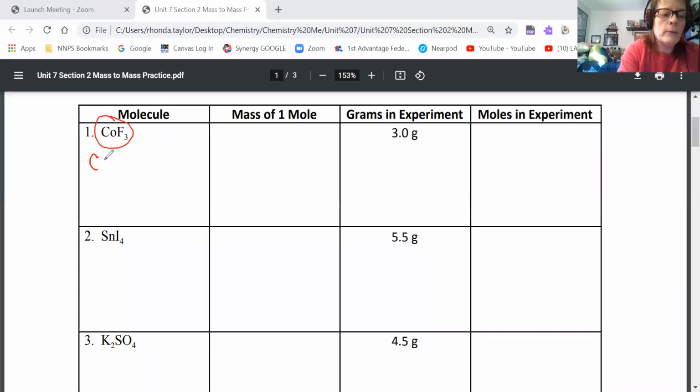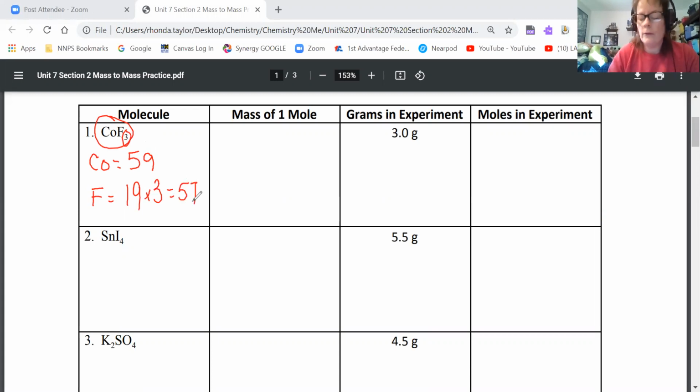So you're looking up cobalt and fluorine in the periodic table, and you see that cobalt has an atomic mass of 59 and fluorine has an atomic mass of 19, and there's 3 of those. So that's going to give you a total of 57 for the fluorines, and when you add them all up together, you should have gotten 116 grams, and again, this is per mole.